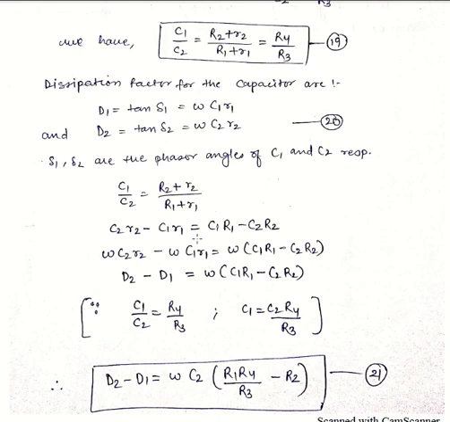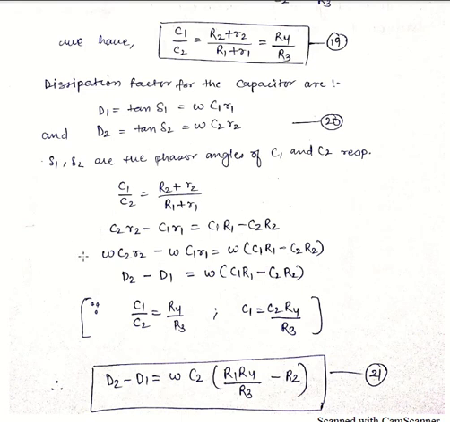By putting this C1 by C2 and R2 plus small r2 divided by capital R1 plus small r1, cross multiplying it, if we adjust the equation by keeping small terms on one side and capital resistance values on the other side, we will have an equation like this.